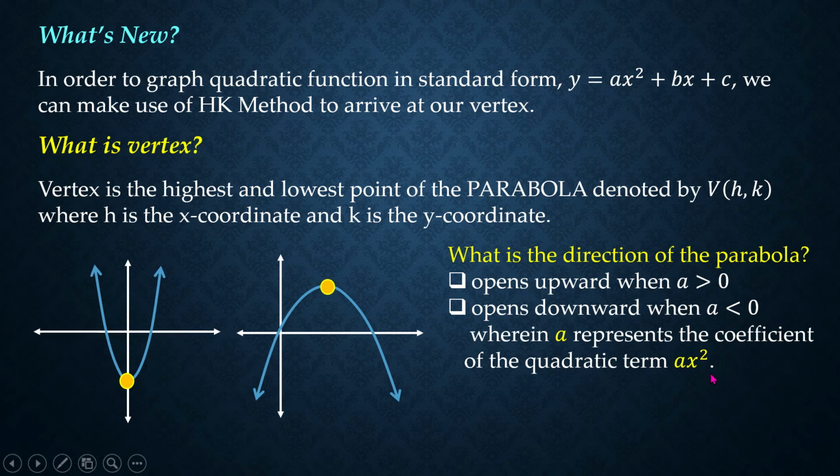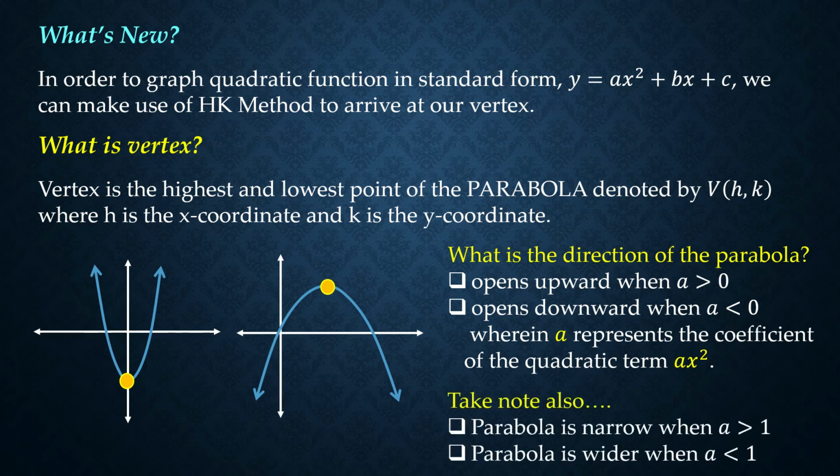Okay. That is the first component of the graph of the quadratic function, which is the parabola. The vertex is one of the components. Next component. We also need to take note that the parabola becomes narrower when a is greater than 1.